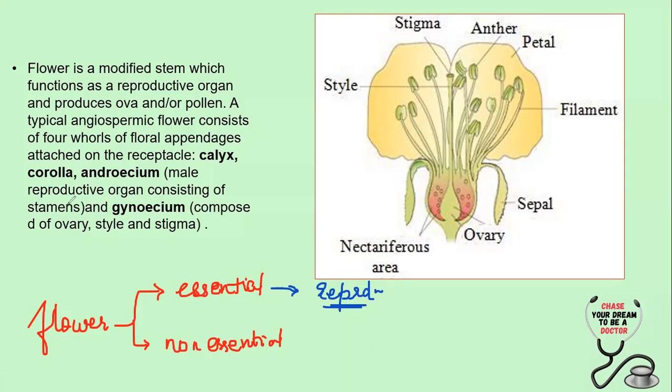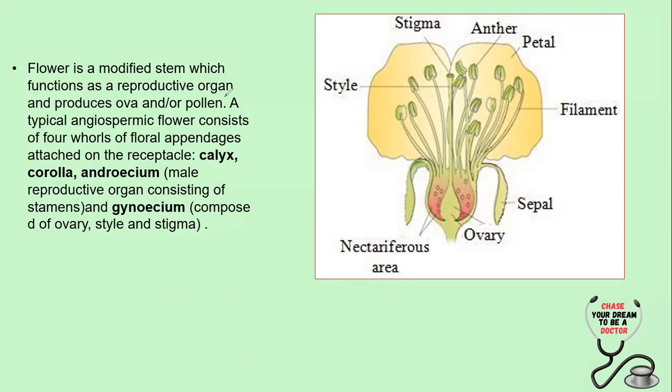Those structures you will call the essential parts of a flower, and they consist of two different parts: the androecium in the case of males and the gynoecium in the case of the female flower. Once again repeating the important points: flower is a modified stem which functions as a reproductive organ. If it is a female flower, it will produce an egg, and if it is a male flower, it will produce pollen grains.